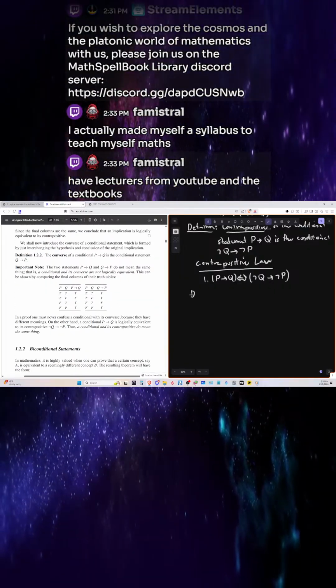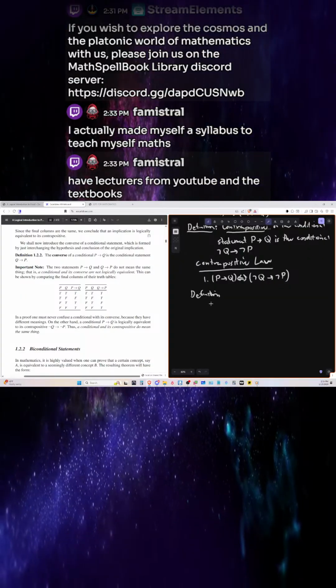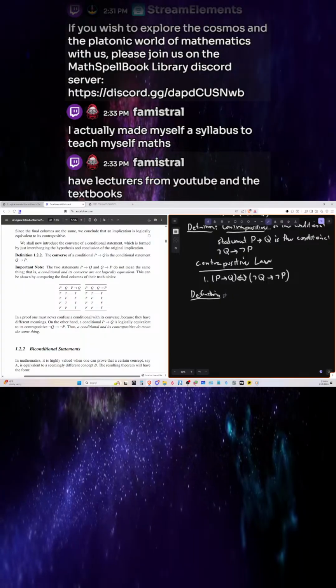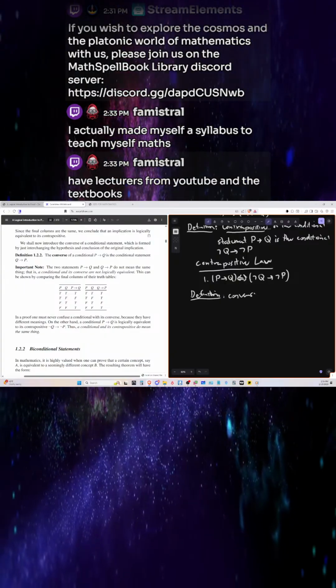Okay, we got another definition, the converse. That I have not heard about. Converse.